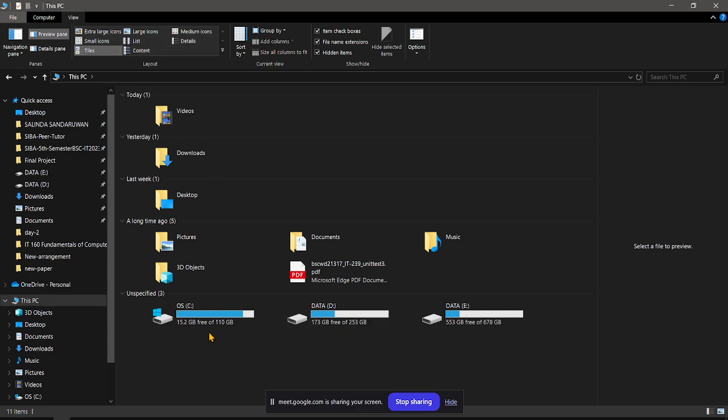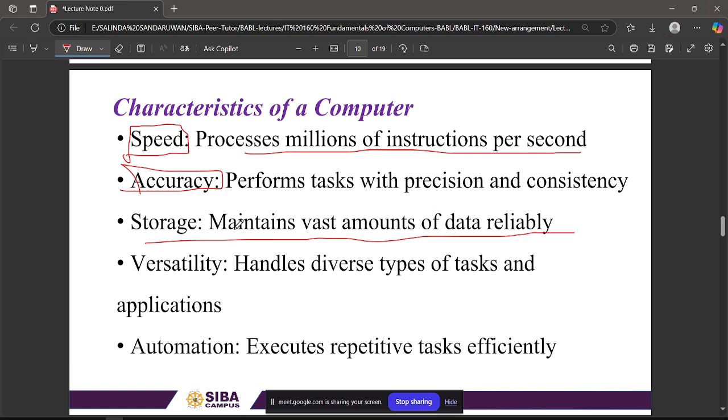Here I have three partitions, two partitions here, and this single one, and here I have 253 GB, here 678, here 110, right? But if I am going to save all of these files in my brain, it's not feasible, it's not practical. Versatility handles diverse types of tasks and applications.